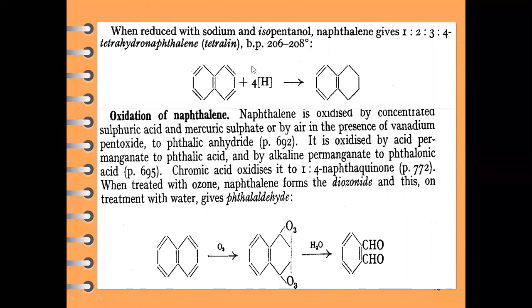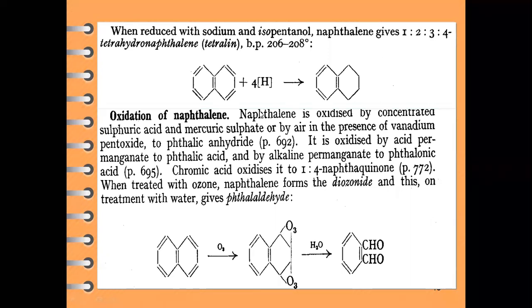This is the first reaction. Now the second reaction of naphthalene is oxidation of naphthalene. What are the requirements? It is oxidized by concentrated sulfuric acid and mercury sulfate, or by air in the presence of vanadium pentoxide.